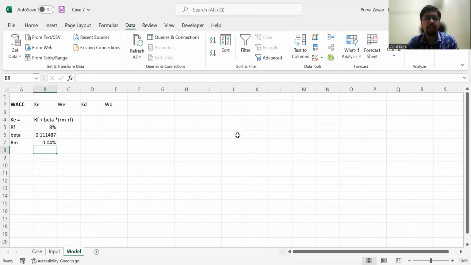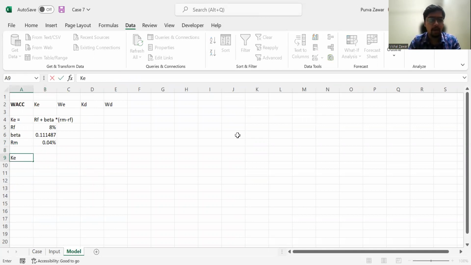So I will get an average return given by the market. And KE now will be equal to RF plus, bracket open, beta into (RM minus RF).